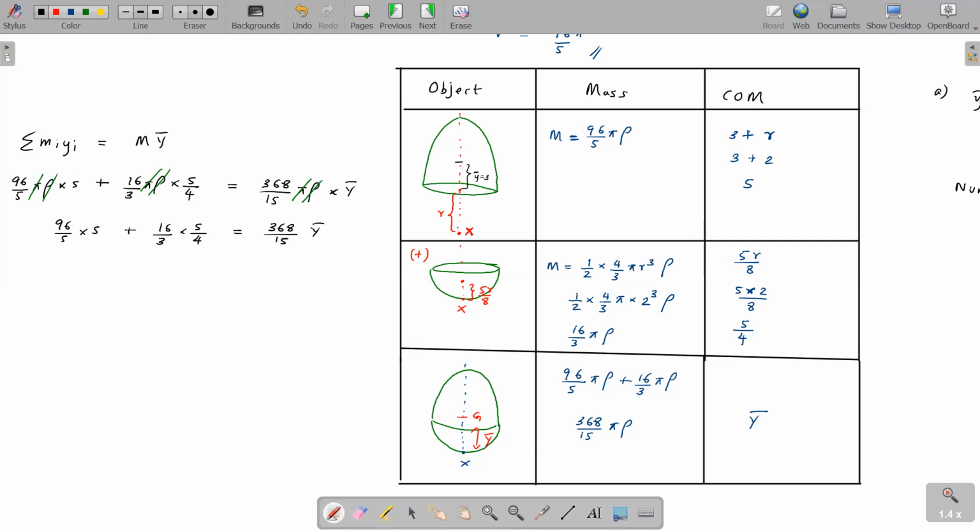So what do we get here? 96 over 5 plus 16 over 3 into 5 over 4. That's 77 over 3. Then divide by 368 over 15.